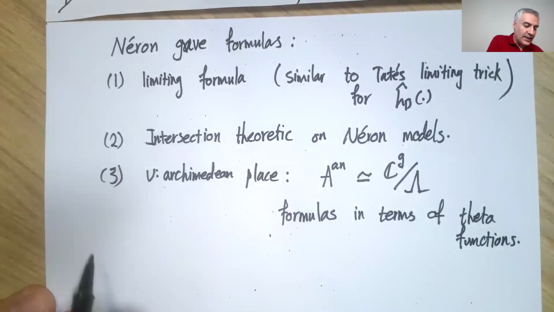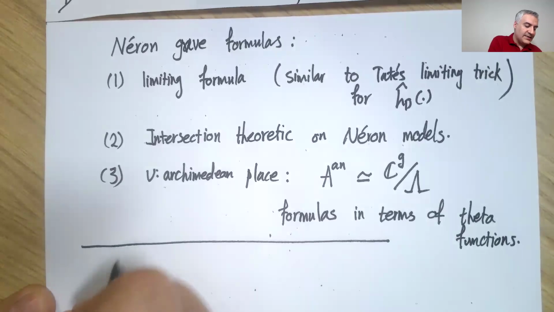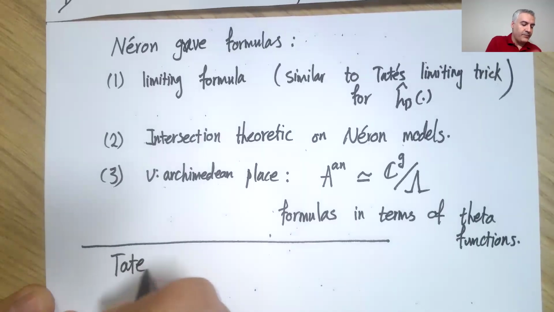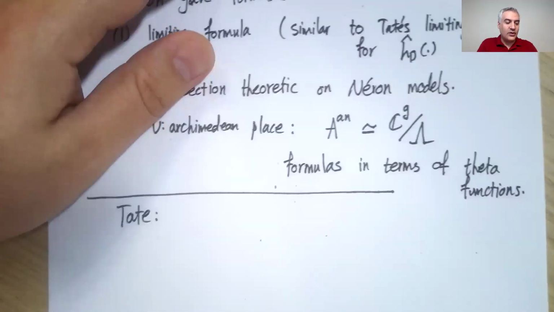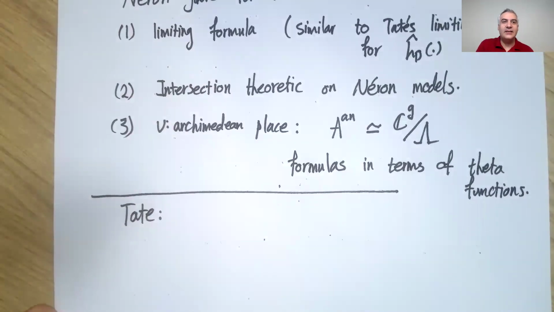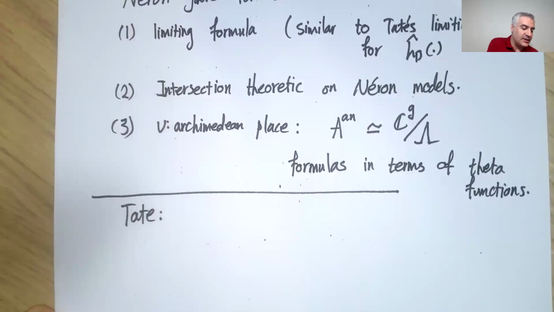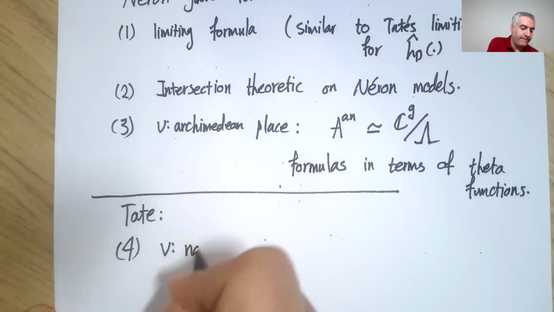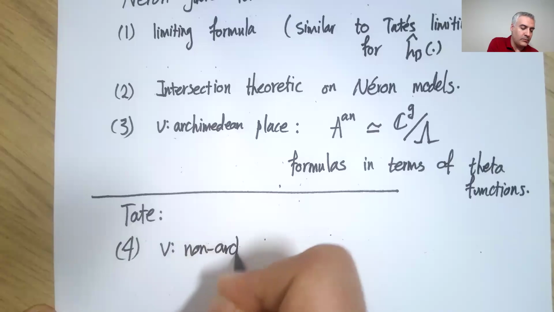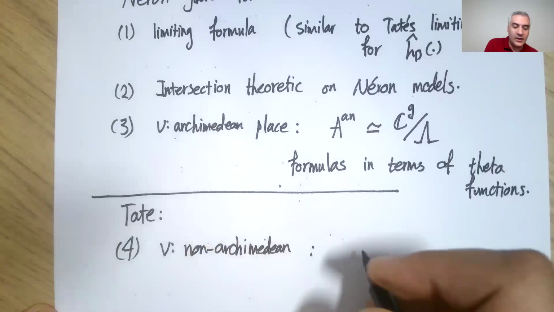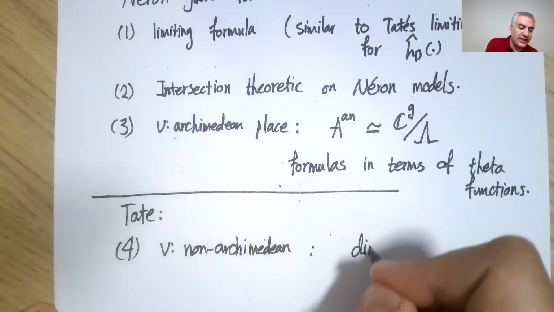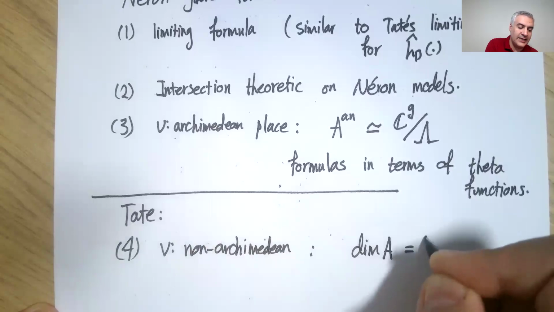Okay, so that's Néron. Tate, who was influential in the global business, he also got interested in the local business, and then he said, how about these non-Archimedean? He gave formulas in dimension 1, in the case of what we now call a Tate curve.